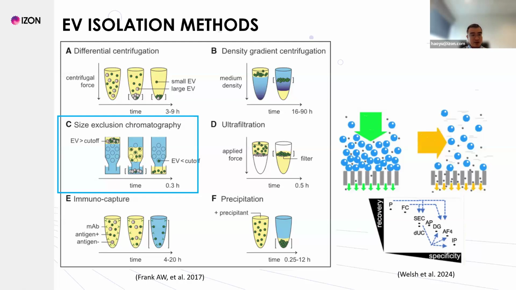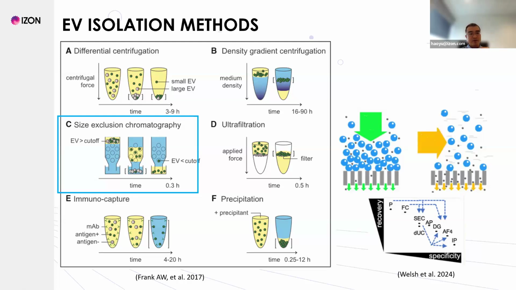For example, the first one, differential centrifugation. That is the very old gold standard. Previous researchers always used this one, and lots of people today still use this kind of method. It spins down the EVs by centrifugal force. With different levels of centrifugal force, you can pellet different levels of particles.